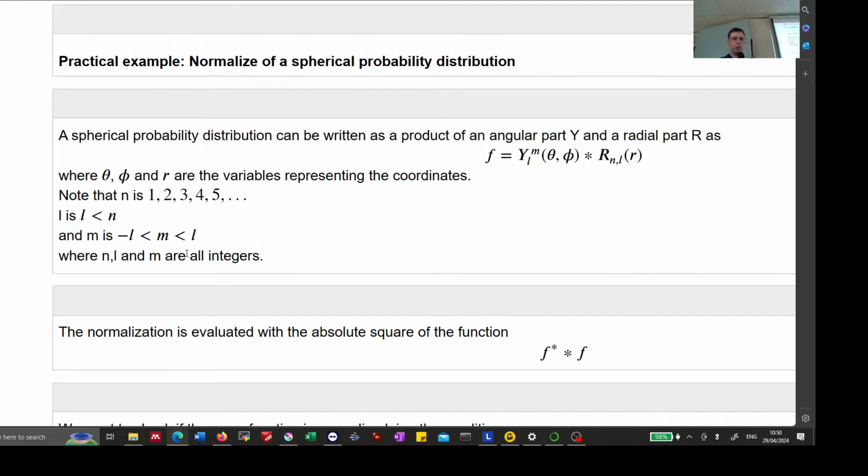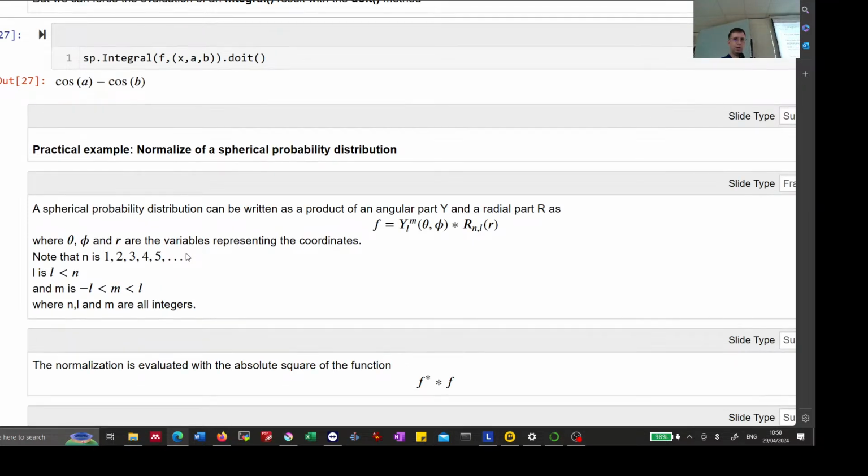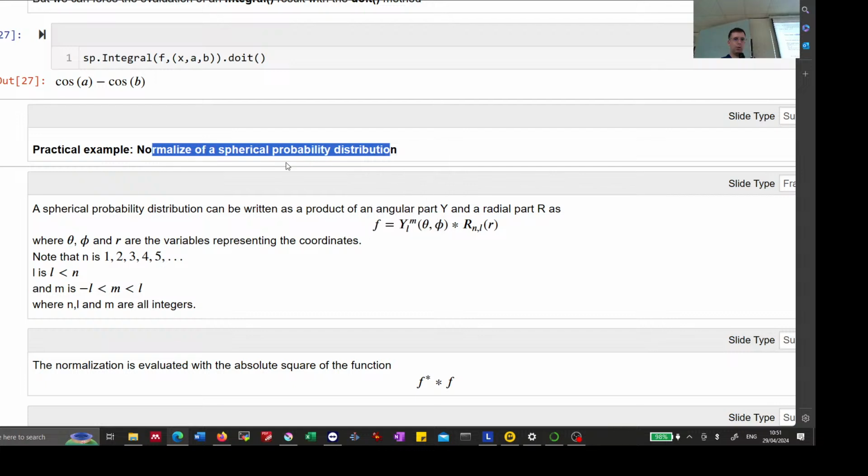Now, more importantly, let's do something more practical, and we talk here about a theoretical probability distribution. Have you seen spherical probability distributions in your life before?